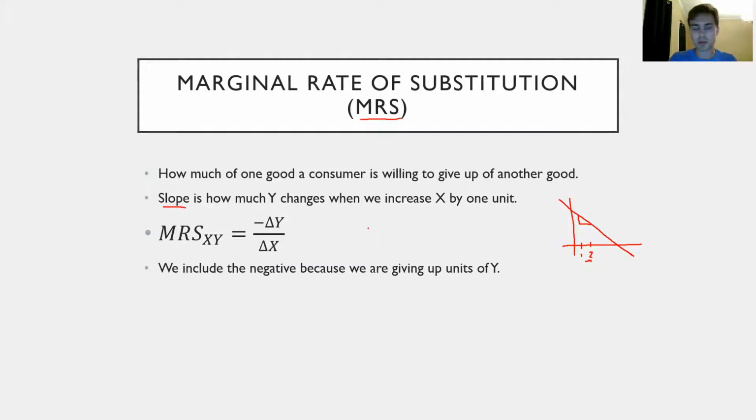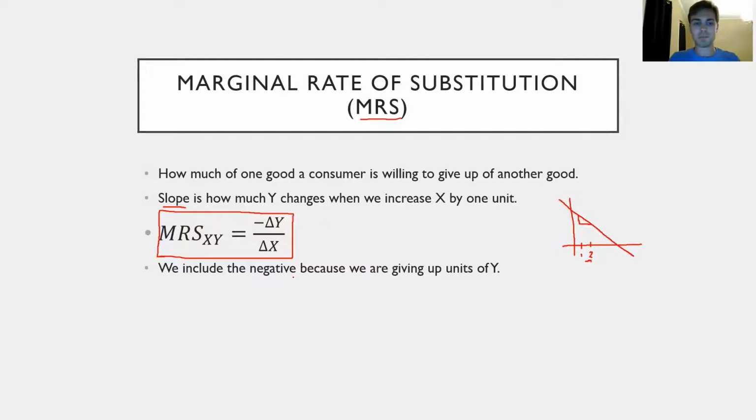So our marginal rate of substitution is asking how much y we are willing to give up to get another x. That sounds a lot like the slope, and in fact, it is going to look like the slope, except we're going to have a minus sign on top of the change in y. So change in y over change in x is slope. Essentially the marginal rate of substitution is the negative slope of the indifference curve.